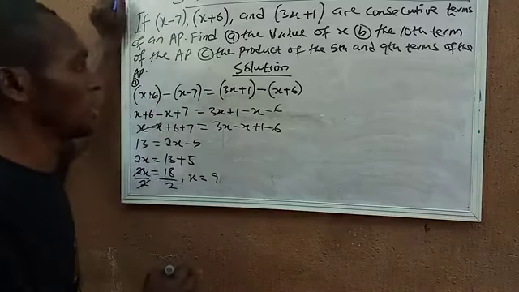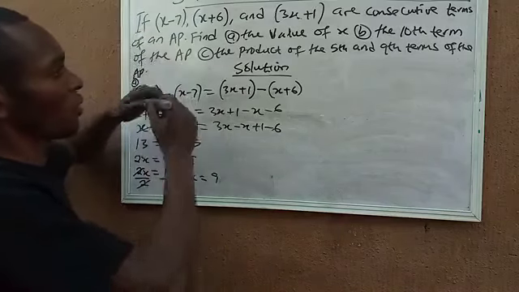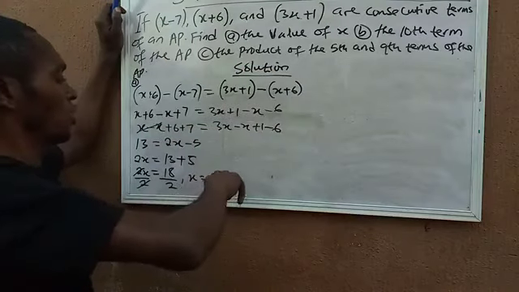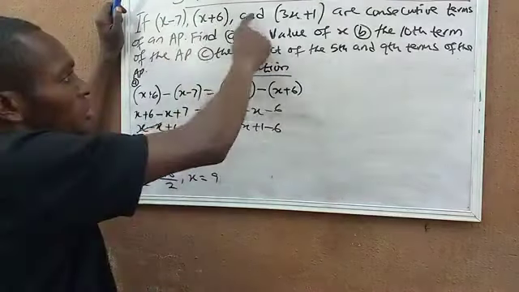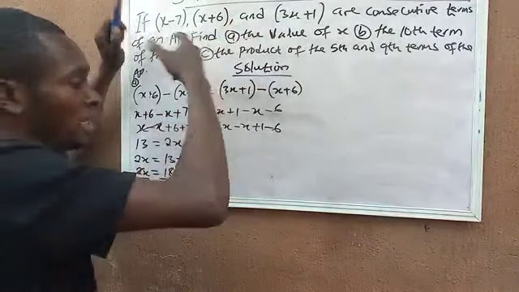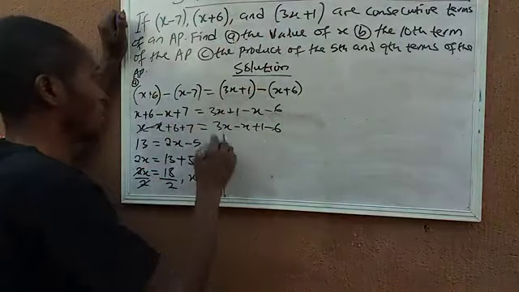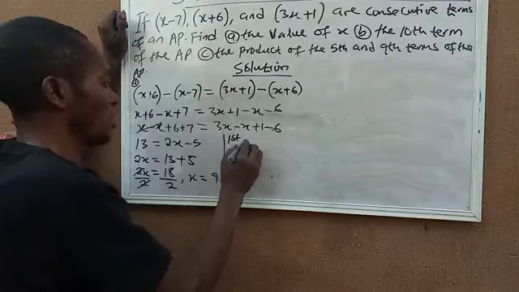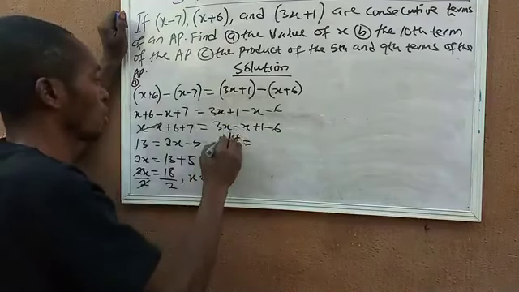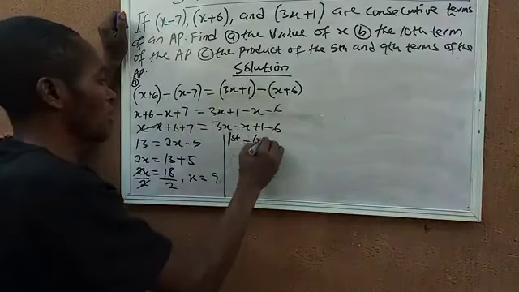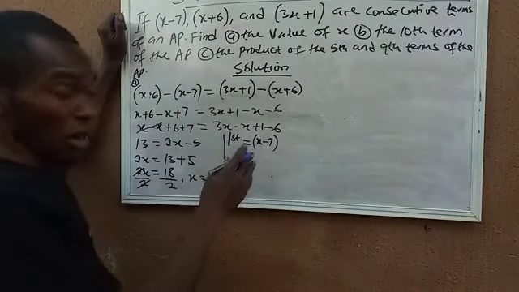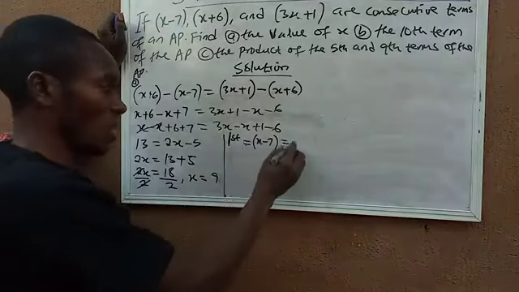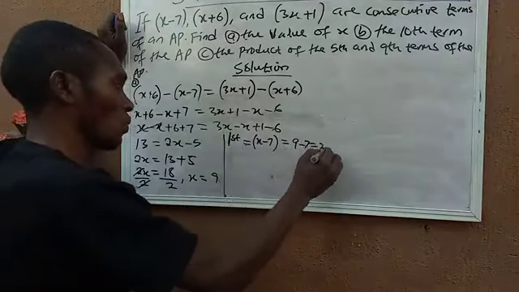Now let's go to B. Before we find the 10th term, we substitute the value of x into these terms so that we can have a proper AP. We know that the first term is x minus 7, so we can insert our 9: 9 minus 7, which is 2.